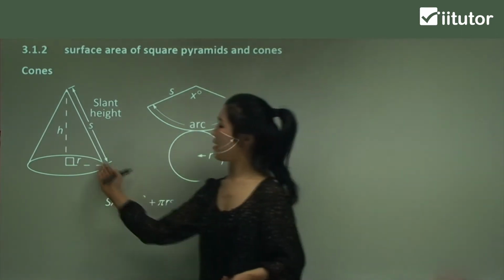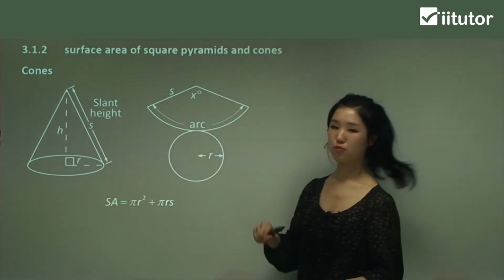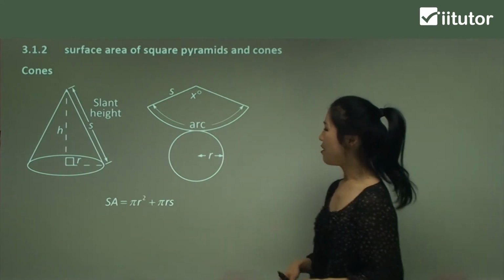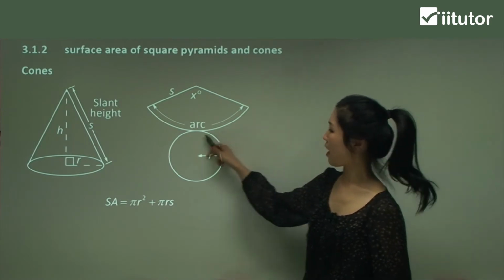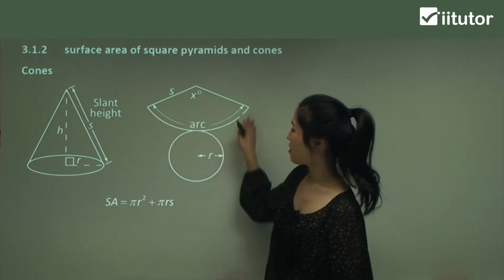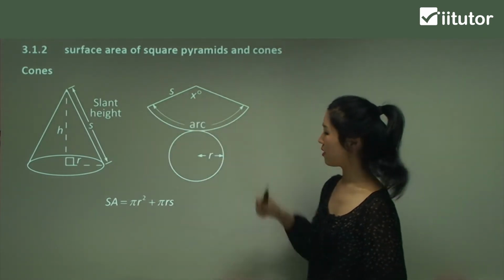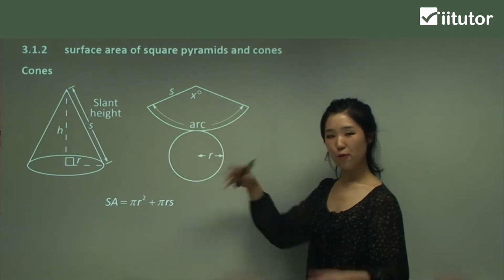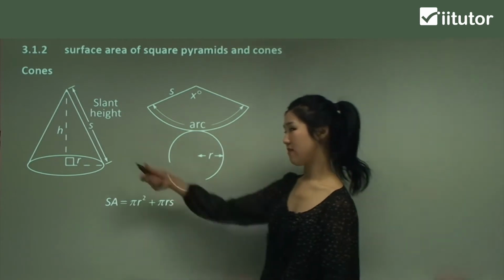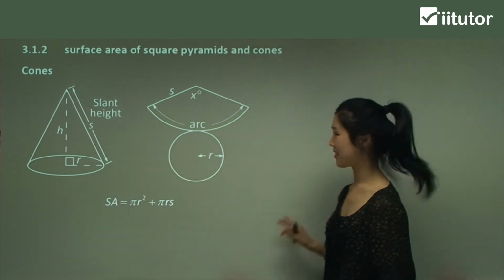And of course the base is a circle, so that's the circle, which is the base. Now, this curved part, we call it an arc. So this arc part and this circle, if we add them together, we get the surface area of the cone, as you can see.